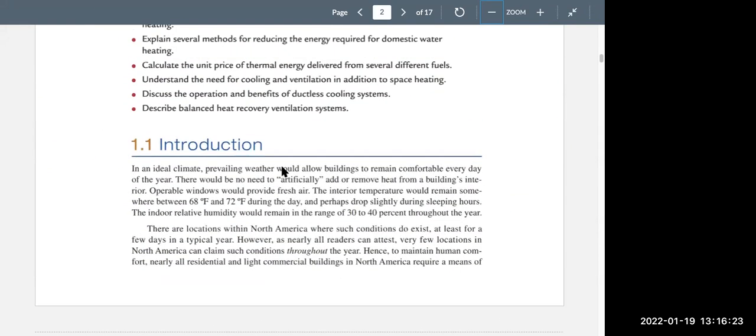So let me ask you guys this question before I start getting into too much of this stuff. What do you guys like to put your thermostats at in your house? 78. Really? 78? That's warm. You cold?